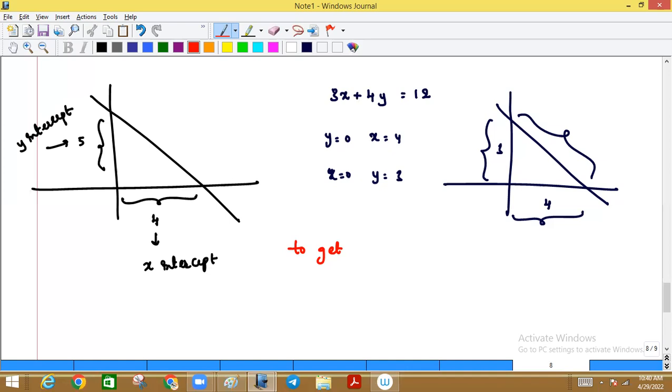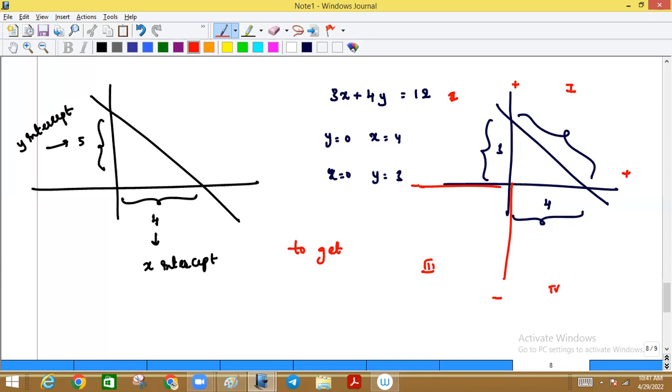Okay, x-intercept is 4, y-intercept is 3. If it is negative, according to the quadrants, you will draw it. So this is positive x-axis, positive y-axis, negative x-axis, negative y-axis. You are dividing the entire plane into 4 quadrants.